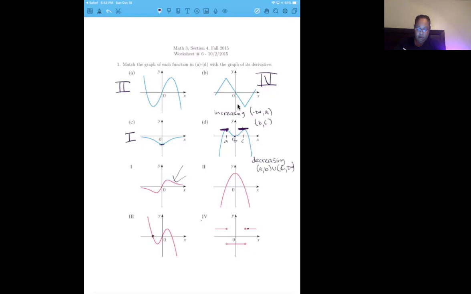So 1, 2, 3, and let's just label these again, A, B, and C. I should be above the x-axis between negative infinity and A, so there, and between B and C, so here and here, and below the x-axis between A and B, and between C and infinity. So this is 3.